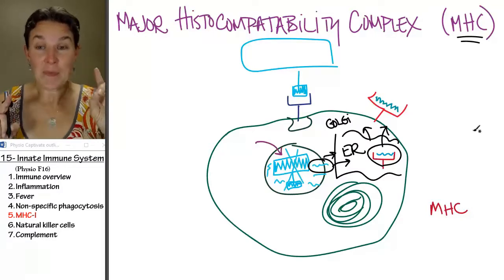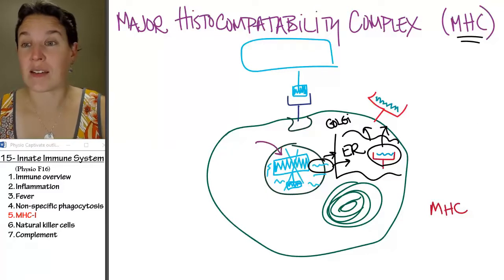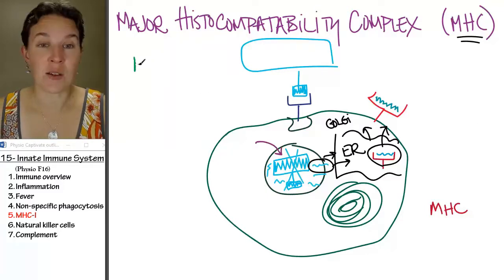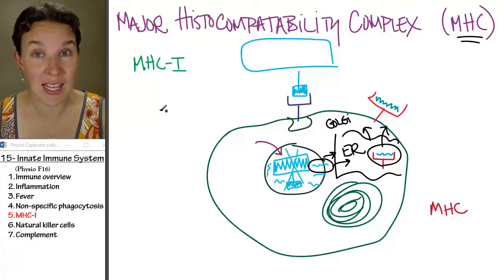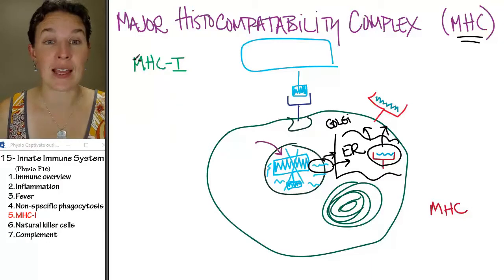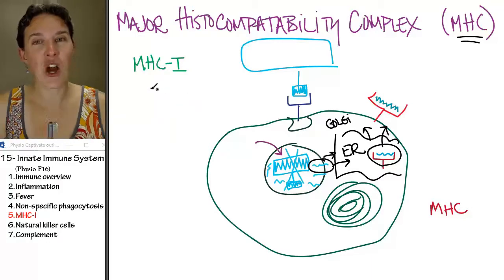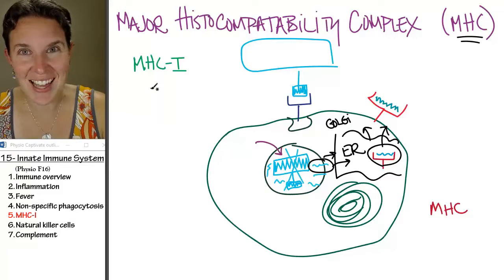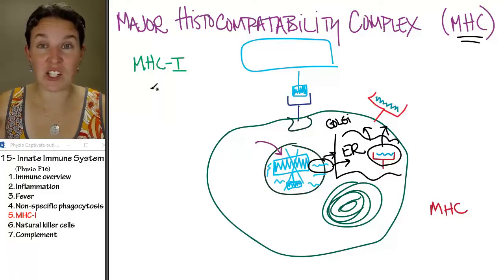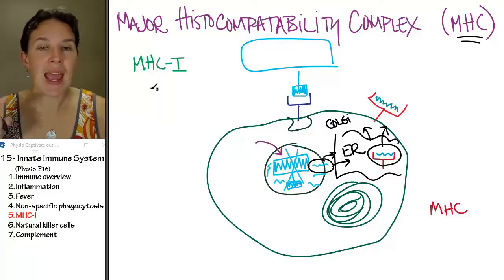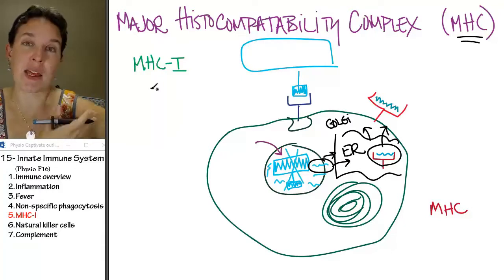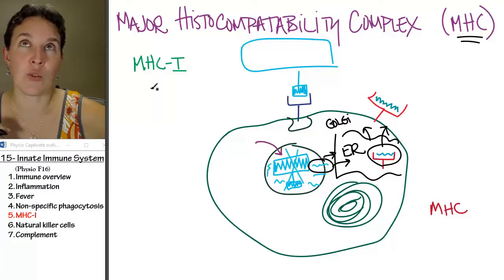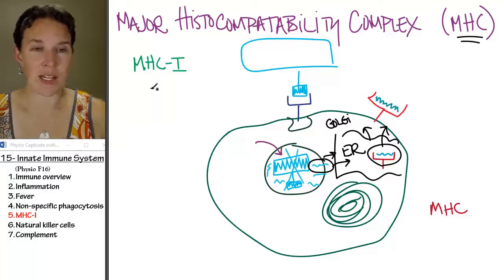Now, there's two flavors of MHC. There's MHC1. Every single nucleated cell in your body has MHC1 platforms. They're coded for by genes, they're very specific to you, and they're one of the biggest reasons that I can't rip off my arm and give it to you, and you rip off your arm and give it to me, and we trade.